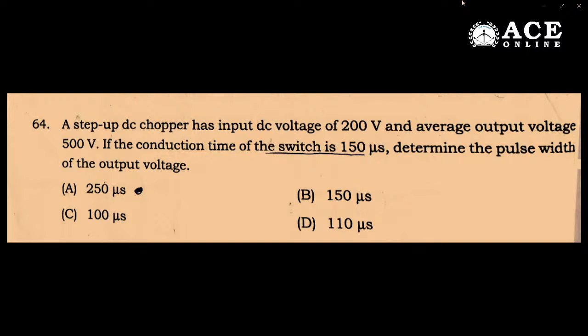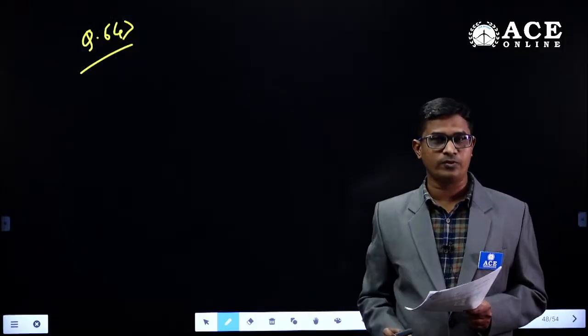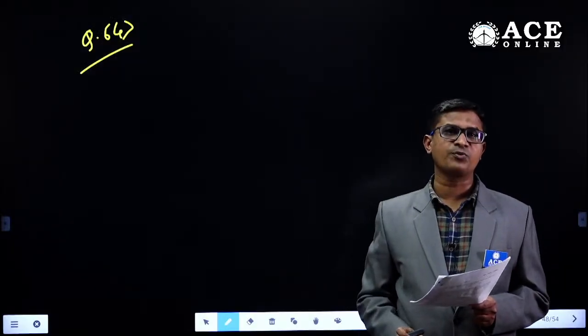So V0 average and Vs are given. If the conduction time of the switch is 150 microsecond, that is T on, determine the pulse width of the output voltage. Here you need to understand during which time of the switch the output voltage is non-zero.